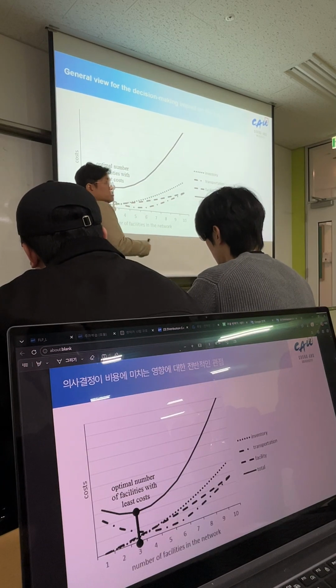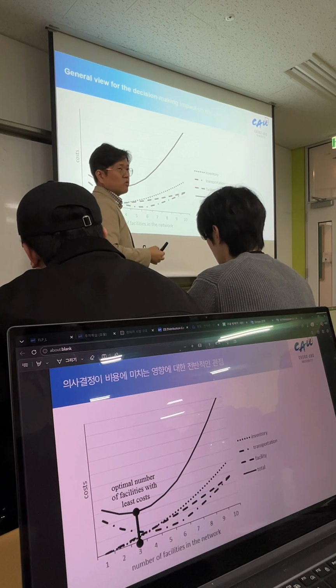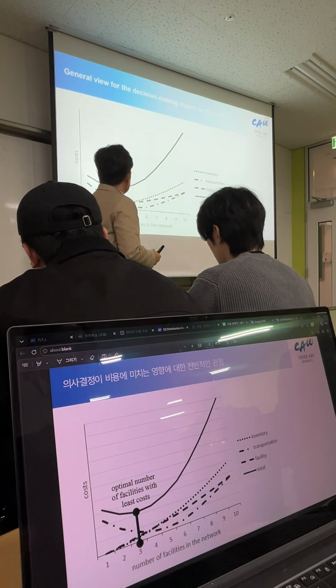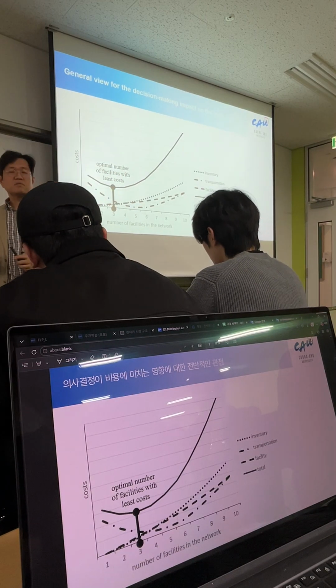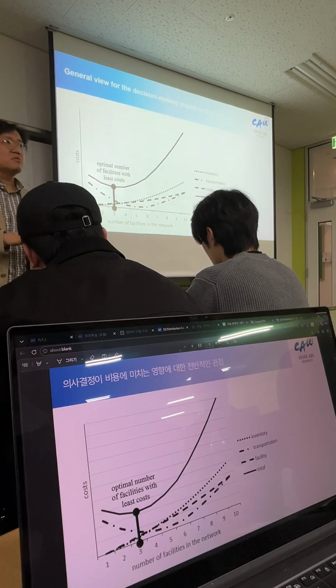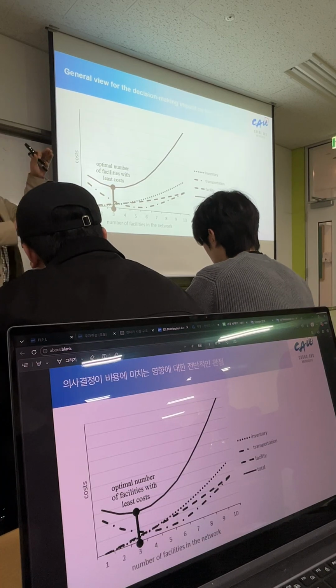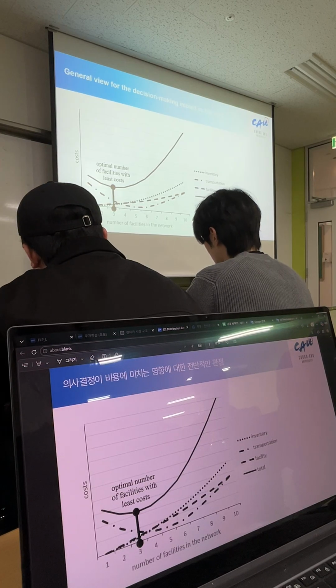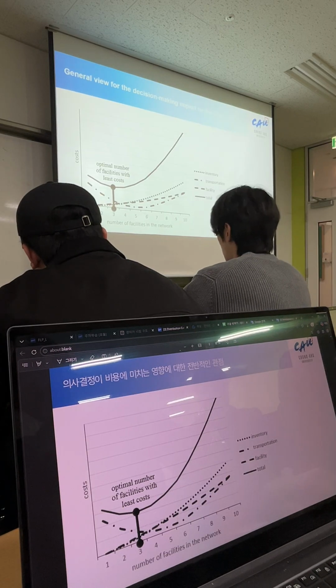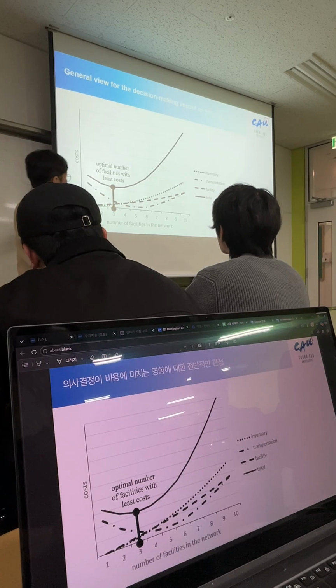Every warehouse you set up costs an establishment cost. And at the same time, you have to run safety stock for each warehouse. Safety stock means the stock that can support the lead time and uncertain order peaks for each facility. So that also increases as well.